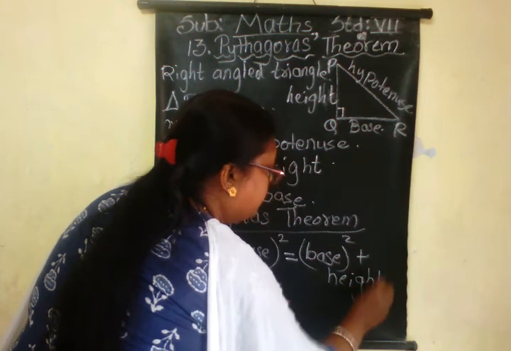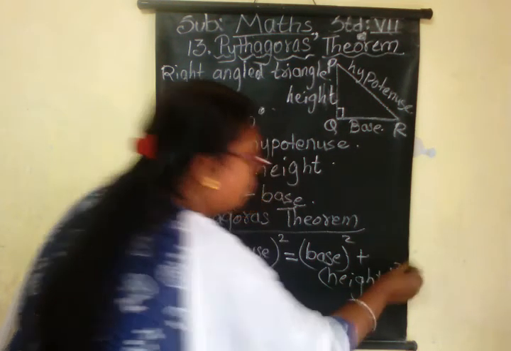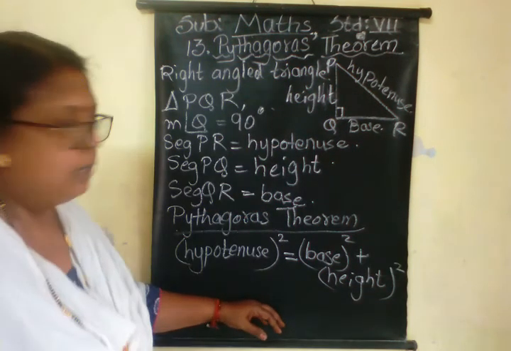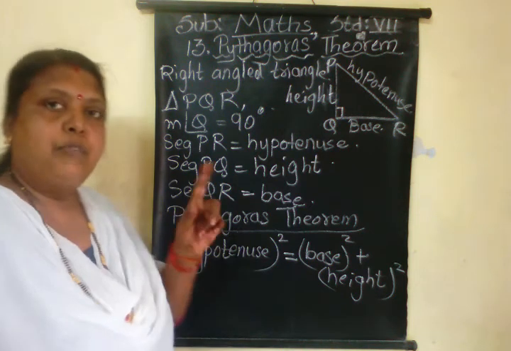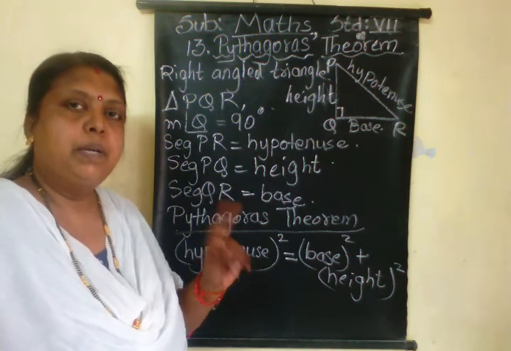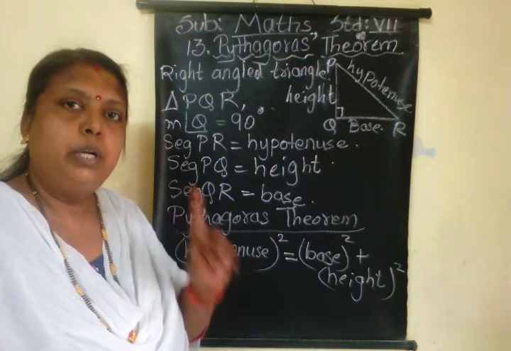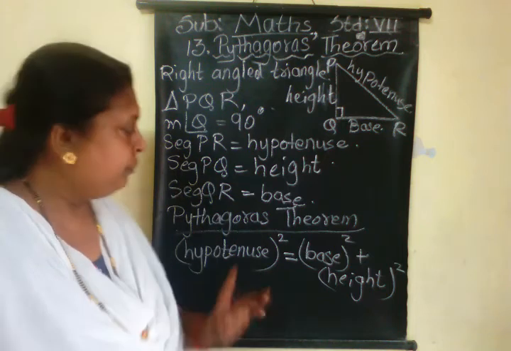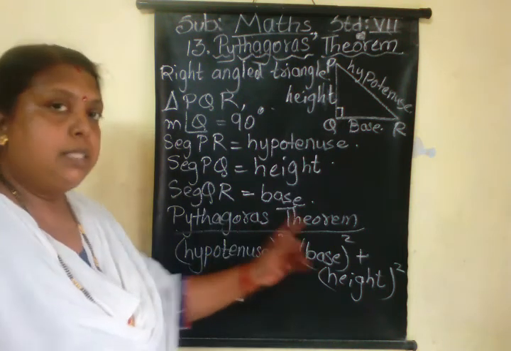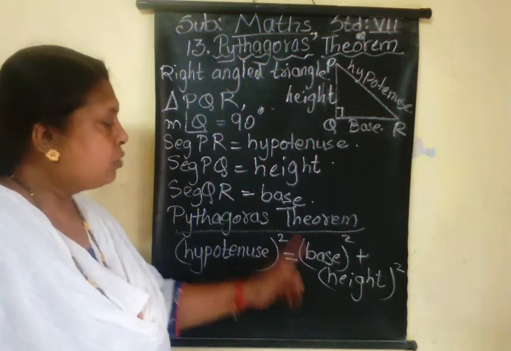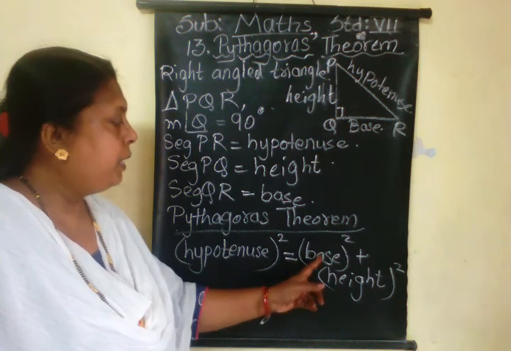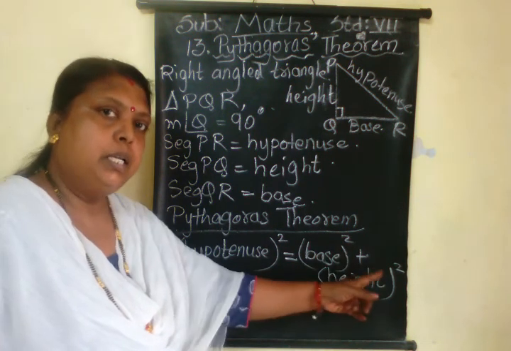Base square plus height square. So this is the Pythagoras theorem. Very simple it is, children. You can learn it by heart. First of all, the very first thing you should remember that it is related only to right angled triangle. Okay. So Pythagoras theorem says that hypotenuse square is always equal to base square plus height square.